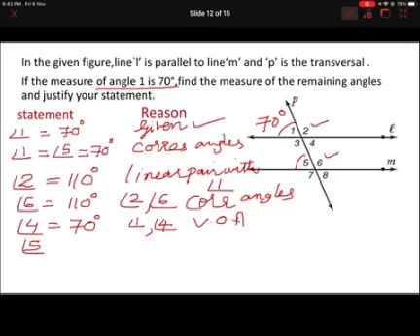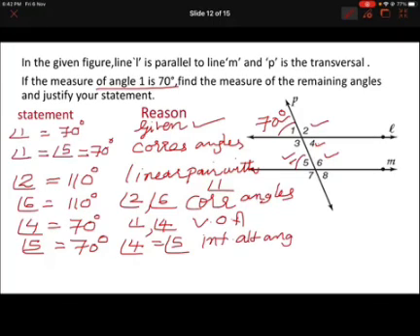In that case, I'll write angle 5 is also 70 degrees. Many reasons are there. I can write angle 1 and 5 are corresponding. That's why it is 70 degrees. Or, if I want to give a different reason, I'll write angle 4 and angle 5 are equal because they are interior alternate angles.